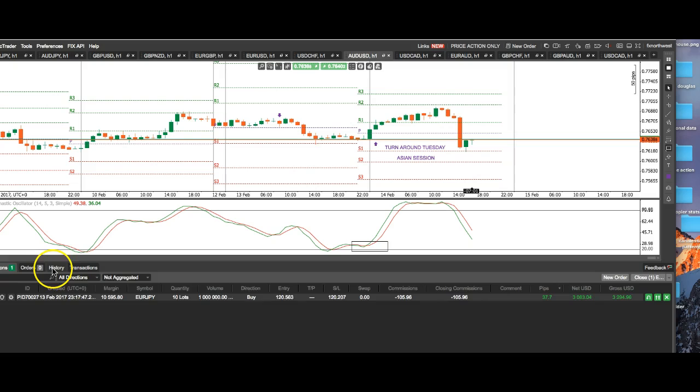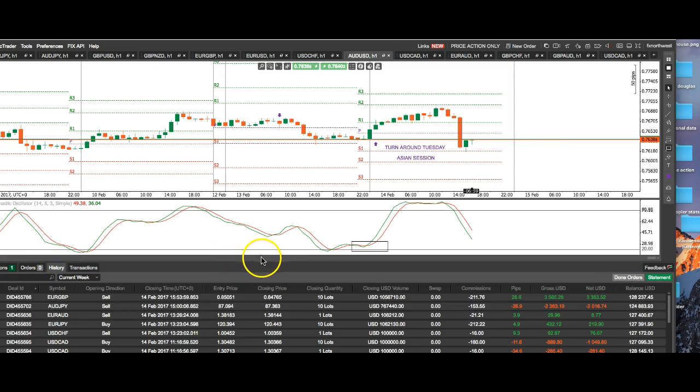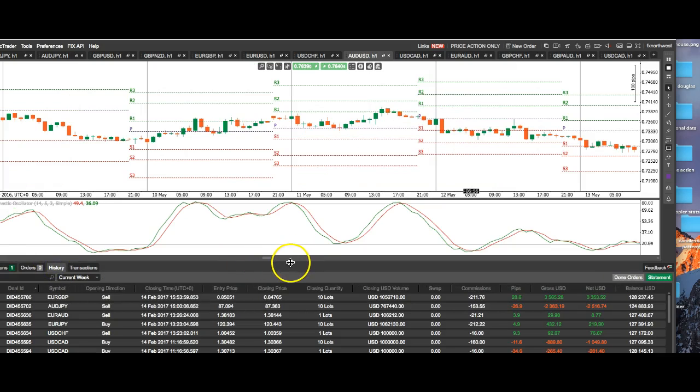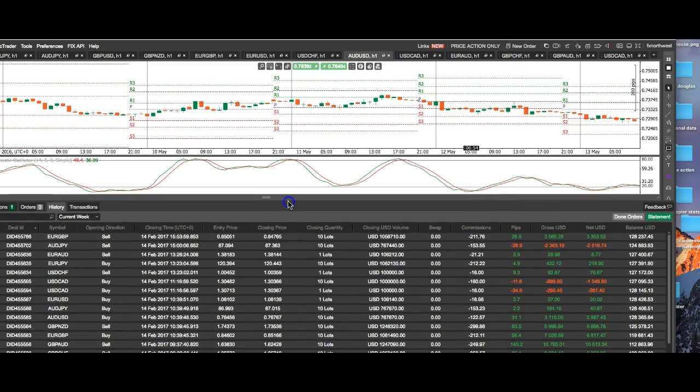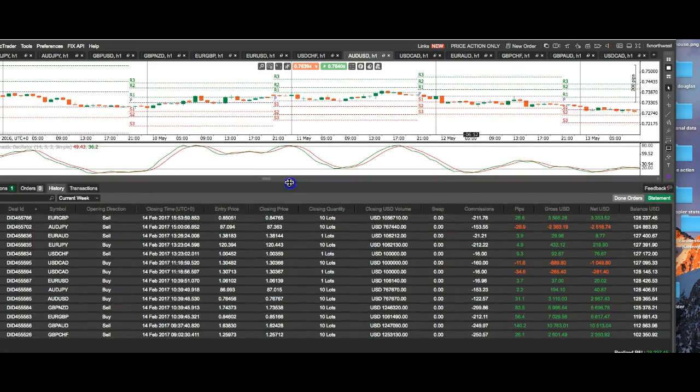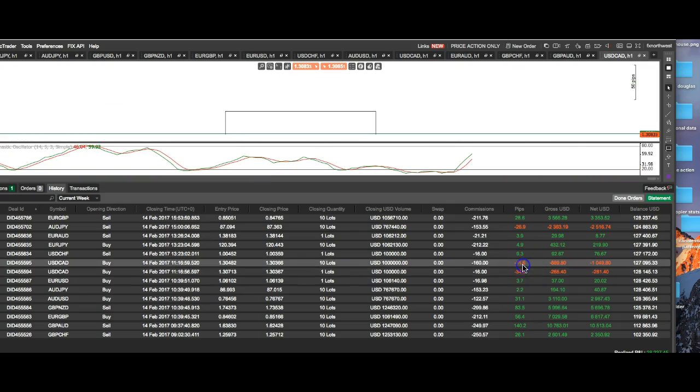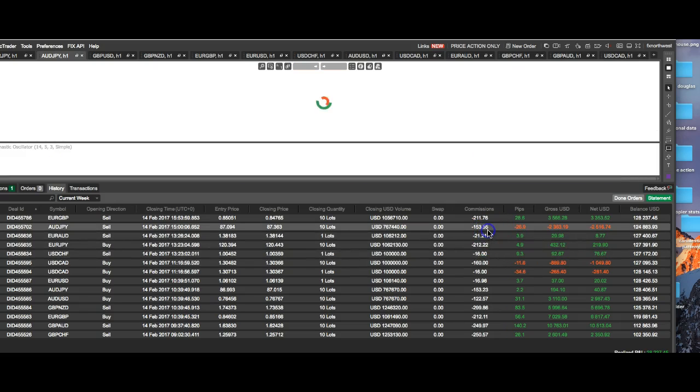Let's look at the history of the trades that were taken. There were a few losers. Here it is, the USD Canadian pair. This is the one that I did not wait to qualify in. Ended up having a 45 pip loss. This loss here was not based on Turnaround Tuesday.